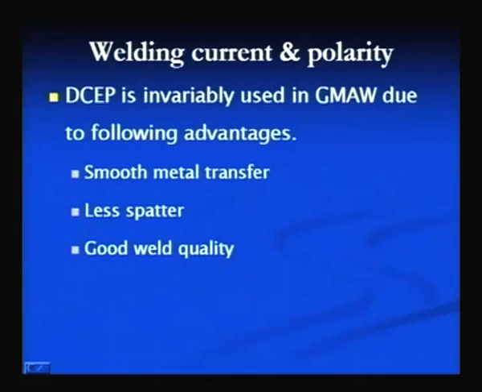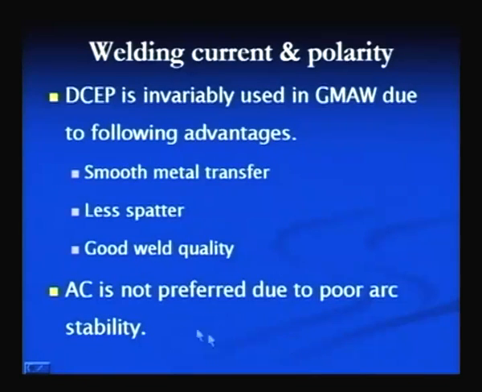Electrode positive polarity is more preferred because it offers certain advantages, like smooth metal transfer is obtained, which is spatter free and free from the erratic arc, and the less spatter is there, and good weld quality is obtained. So, because of these advantages, the DCEP is normally preferred in gas metal arc welding processes.